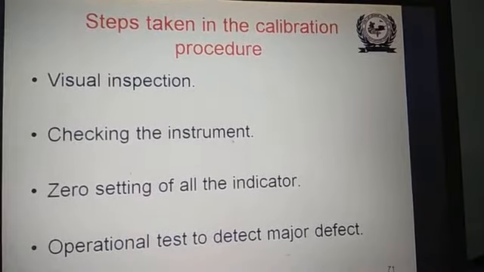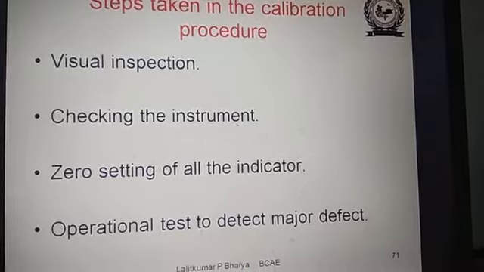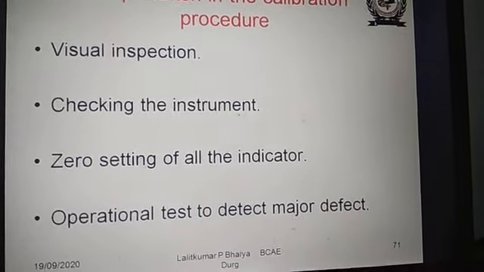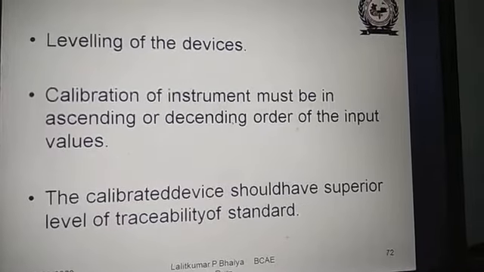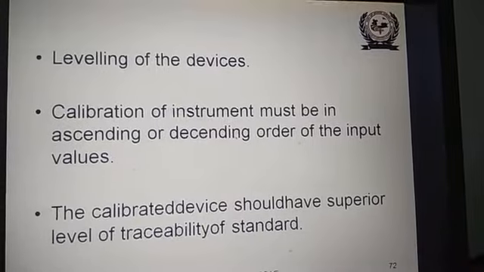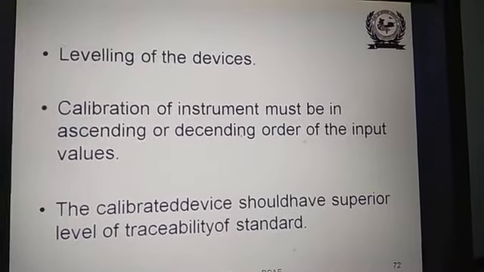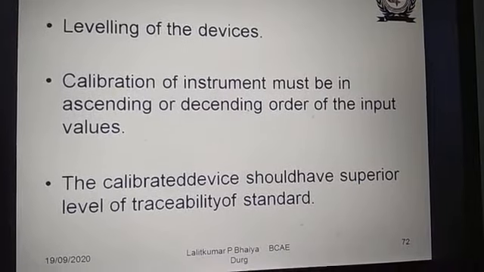These are the steps for the calibration procedure: visual inspection, checking the instrument, zero setting of all the indicators, an operational test to detect major defects, and leveling of the devices. Calibration of an instrument must be in ascending or descending order of the input values.